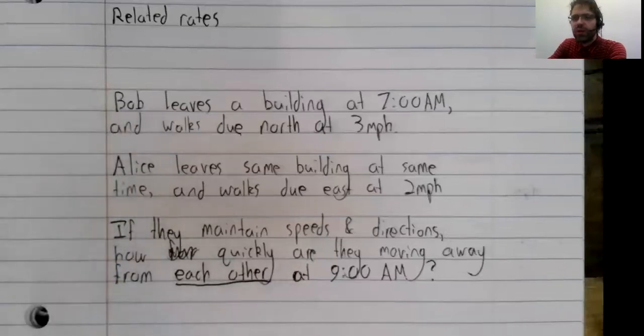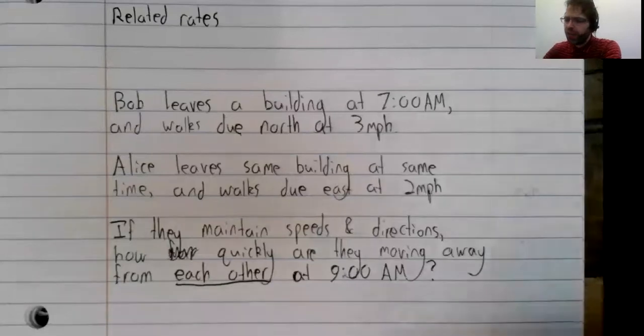A classic example of related rates is this. Someone, let's call him Bob, leaves a building at a fixed time, let's say 7 a.m., and walks due north at some fixed speed, let's say 3 miles per hour. Alice leaves the same building at the same time and walks due east at 2 miles per hour.